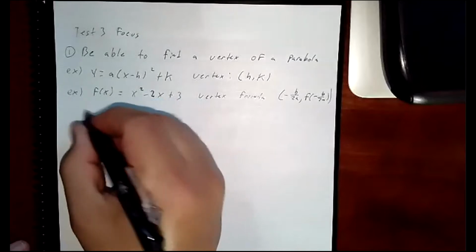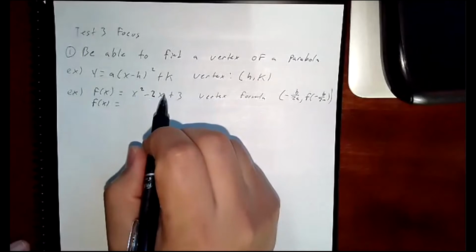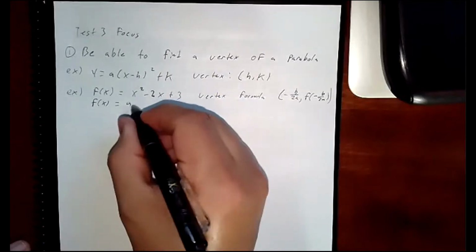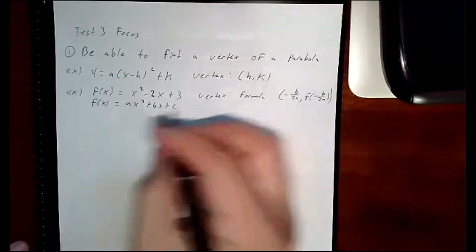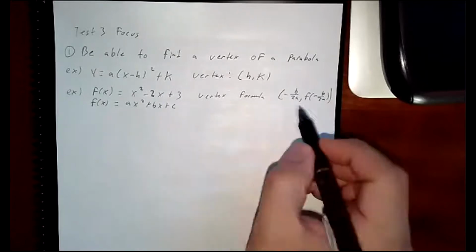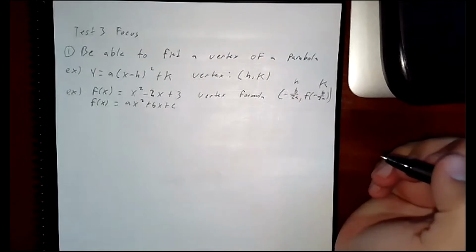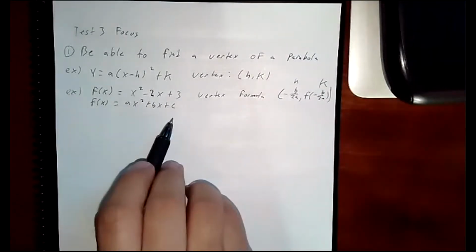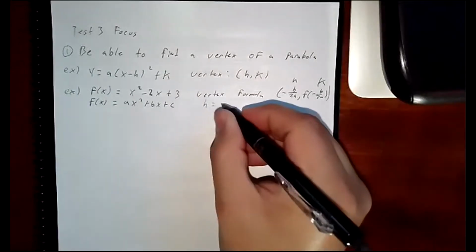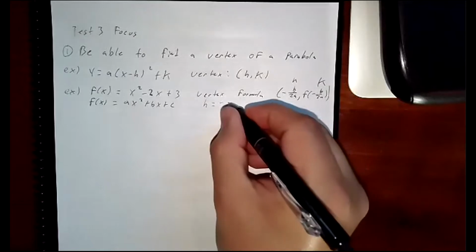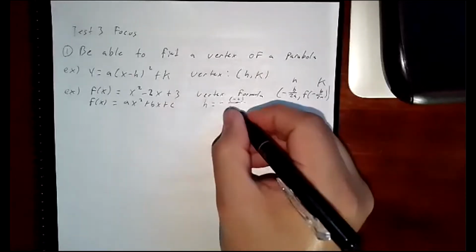So remember, the formula for standard form should be ax squared plus bx plus c, right? So the x value, or the h, this is h and k here technically, would be negative b over 2a. So h will be negative, and it's built in there, negative 2 over 2 times 1.